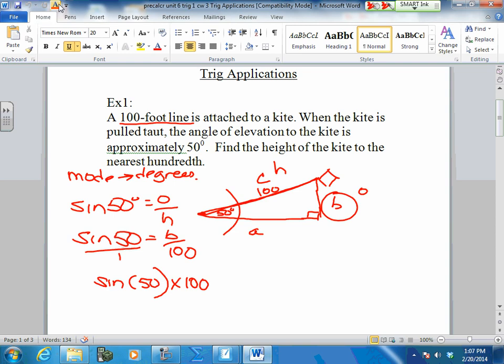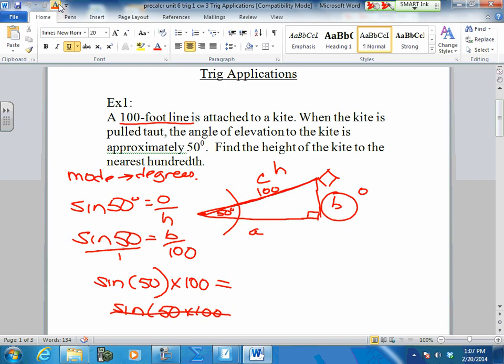Can you say it one time? Okay, when you check your mode, make sure it's degrees. Now, when you cross multiply, when you say sine 50, your calculator gives you this parentheses. If you don't close it, it's going to look like this. 50 times 100. You're going to multiply your angle by 100. You don't want to do this. So you can put it in front.